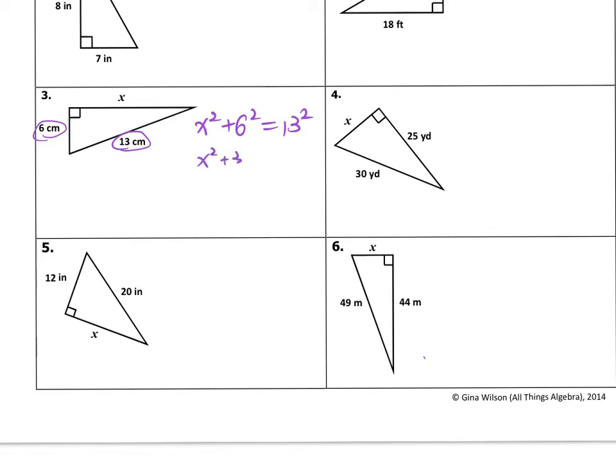So a little bit of algebra. You should have x squared equals 133, and x comes out to be 11.5, and it's centimeters. Okay, the rest of it is pretty self-explanatory. Make sure you pause the video and finish the other practices on your own.